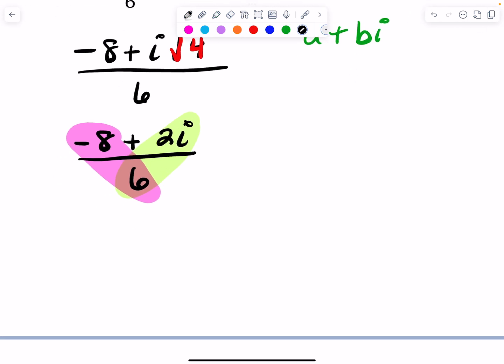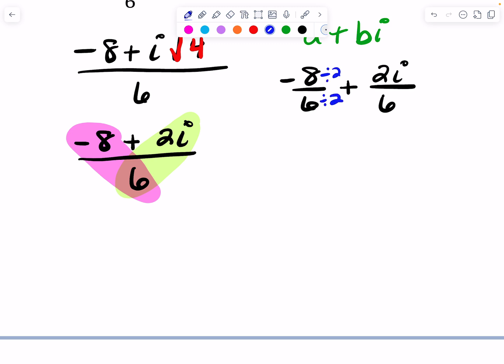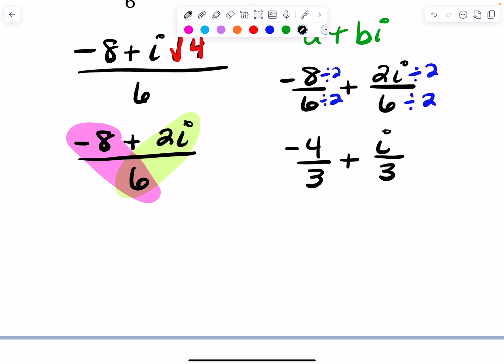So we have negative 8 over 6 plus 2i over 6, and both of these are divisible by 2. So we're going to divide by 2 here, and we're going to divide by 2 here and here also. So we're going to end up with negative 4 over 3 plus 1i over 3.